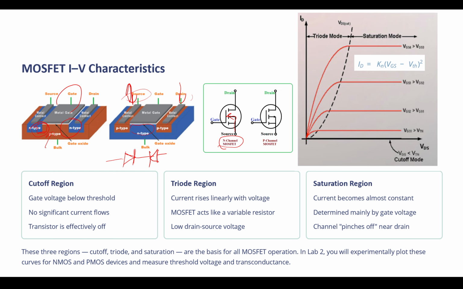Now, you can see that the gate is not directly connected to that end. There is that white line, okay? There is an isolation between the pin gate and that end.